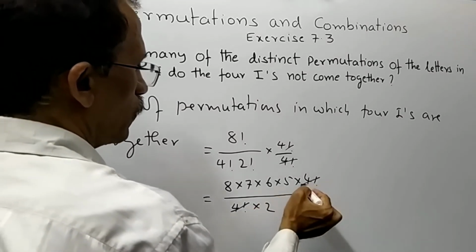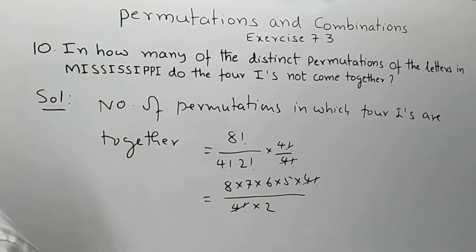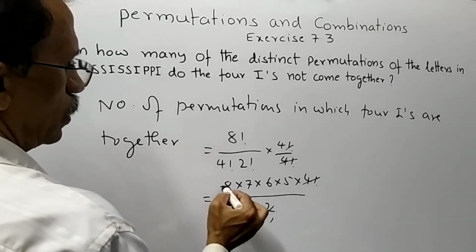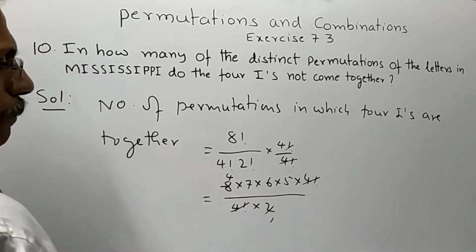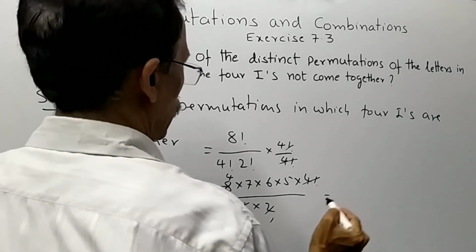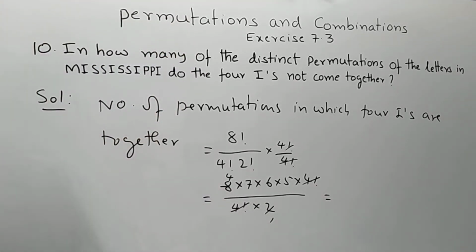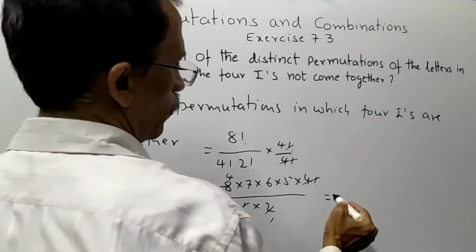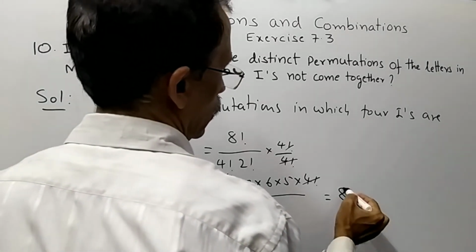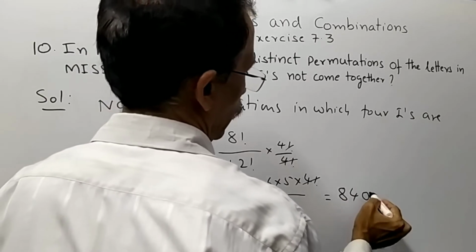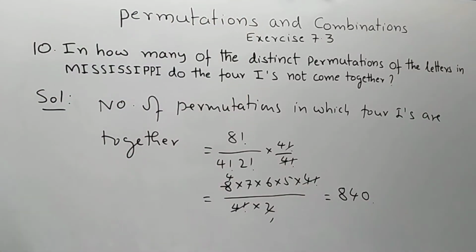Factorial 4 we can cancel from both numerator and denominator. 2 ones are 2, 2 fours are 8, 7 into 6, 42 into 20. What is the product? 840.